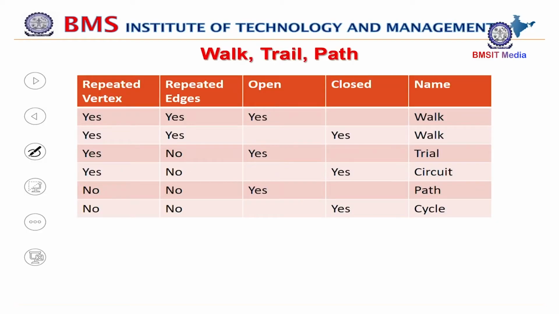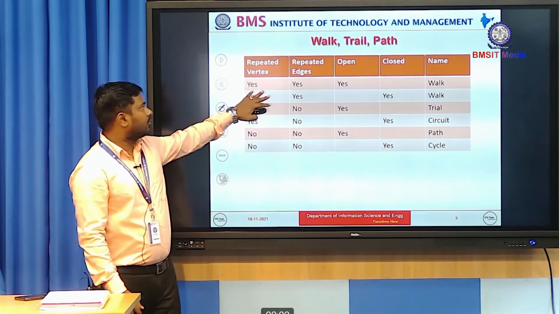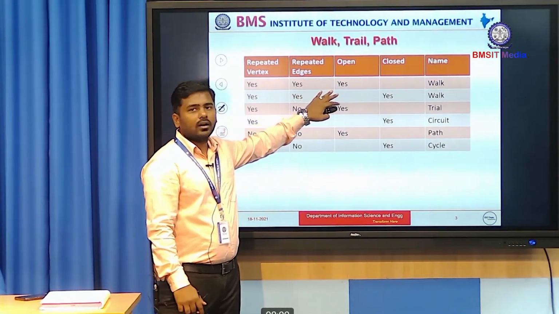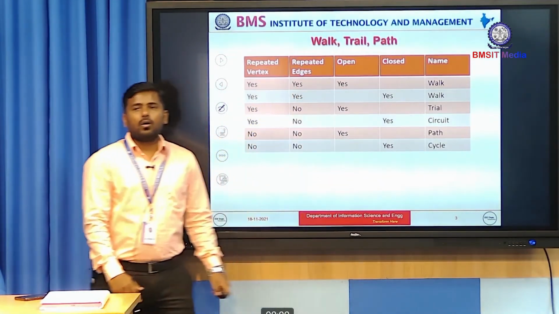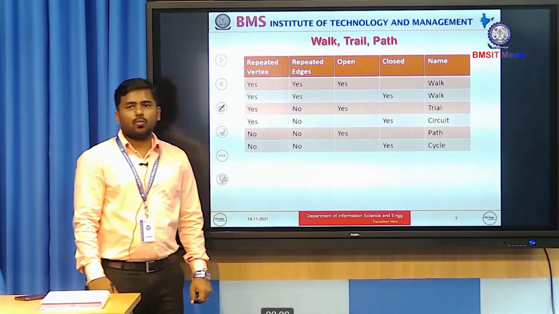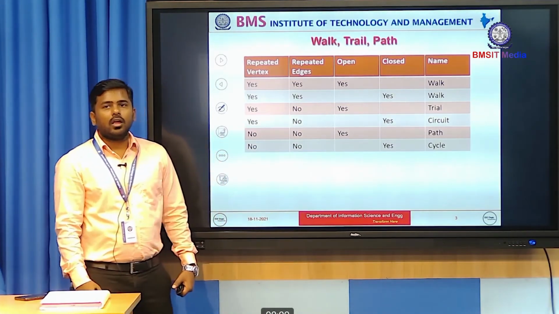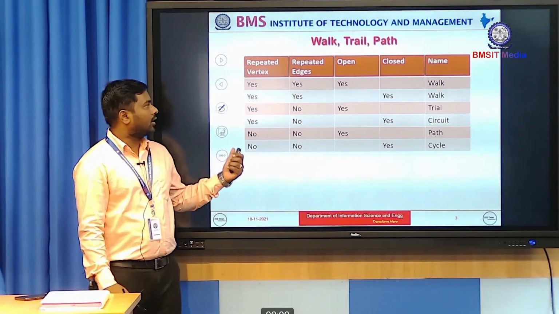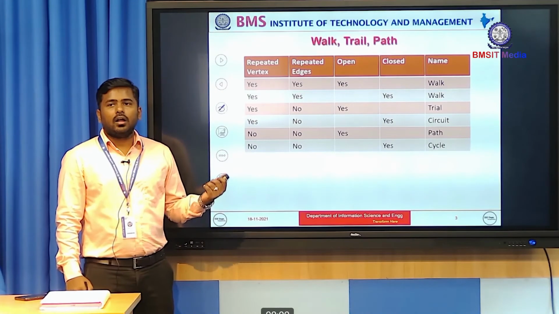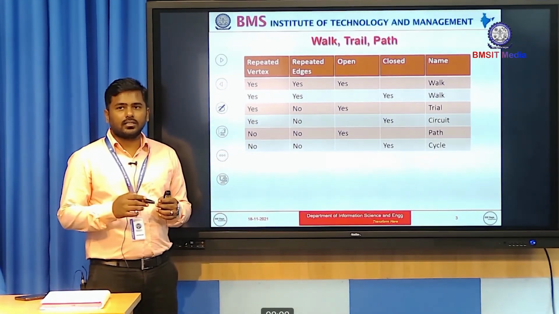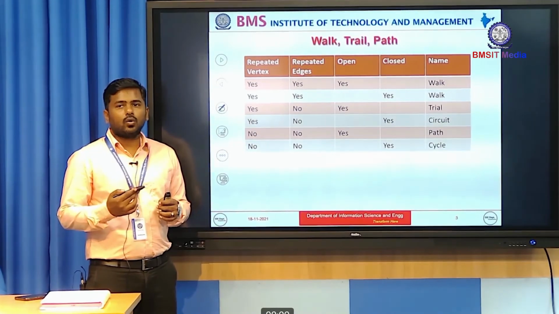With this you can say that in a graph, if vertices are repeated and edges are repeated, and it is an open walk, then we can call it a walk. If vertices are repeated and edges are repeated and it is closed, that is the source vertex and destination vertex are the same, then we call it a closed walk.